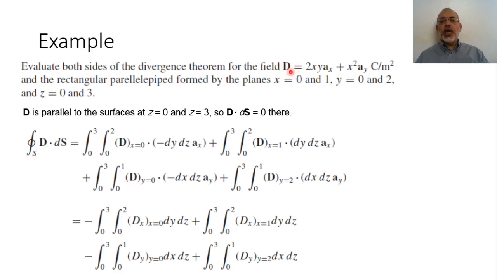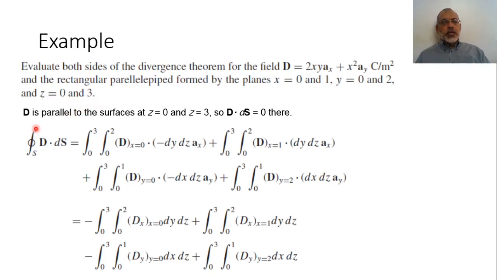The closed surface, we have 6 faces here. The face at x equals 0, and the face at x equals 1, the face at y equals 0, and the face at y equals 2, the face at z equals 0, and the face at z equals 3.